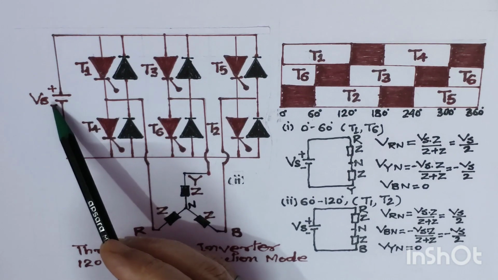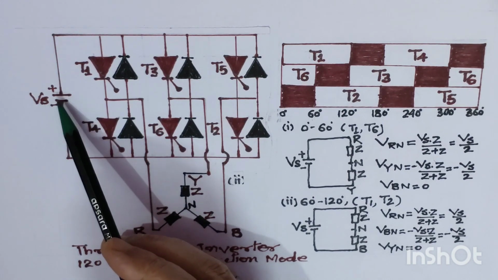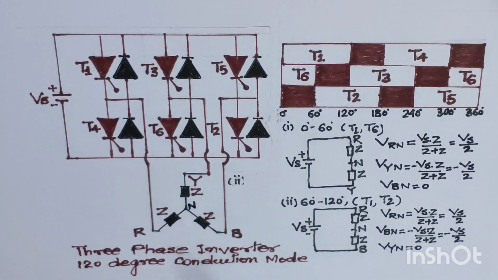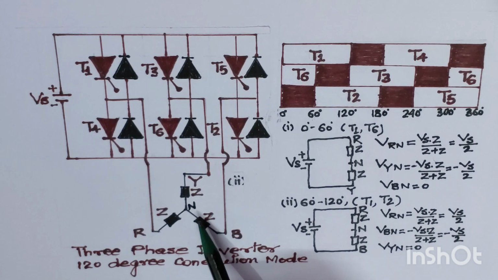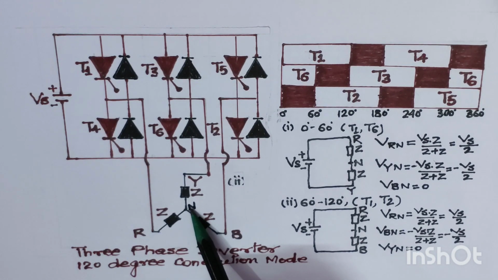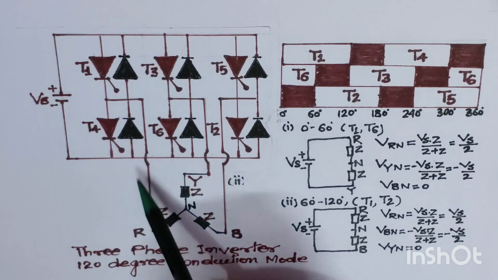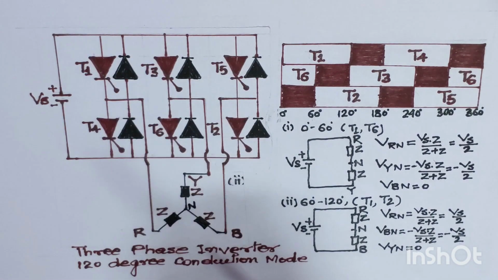And this is the supply voltage source Vs, a plus-minus polarity DC supply, which has been given to this three-phase inverter. At the same time, we have a star-connected load, a three-phase star-connected load R, Y and B. Each phase has impedance Z. This is impedance Z, Z and Z, connected with a star neutral point, that is N. If you see in this diagram, the R phase is connected between thyristors T1 and T4.